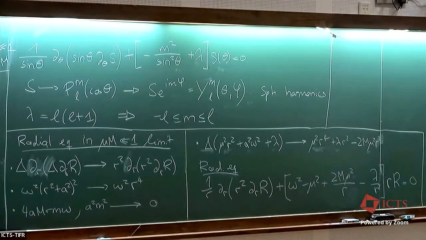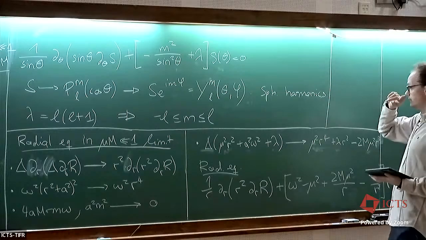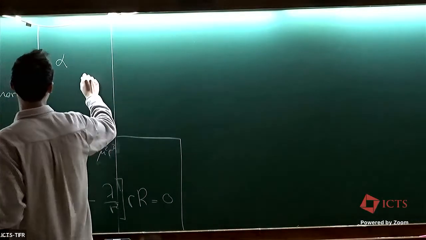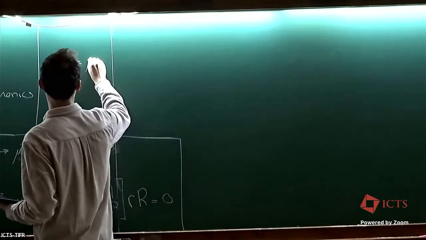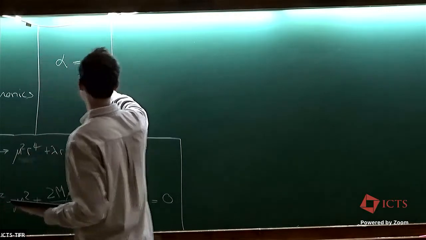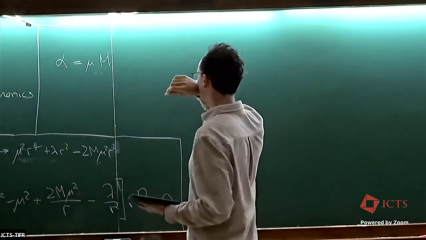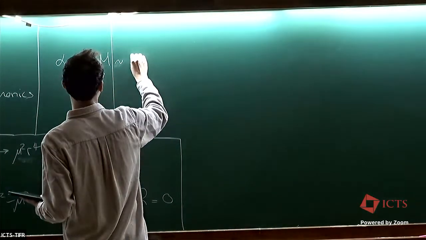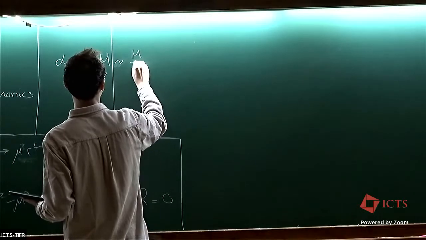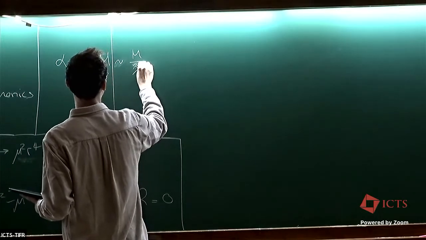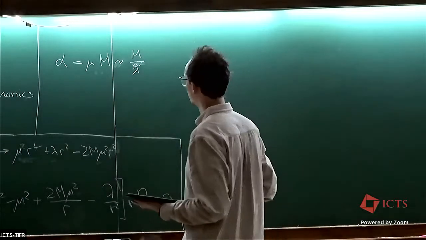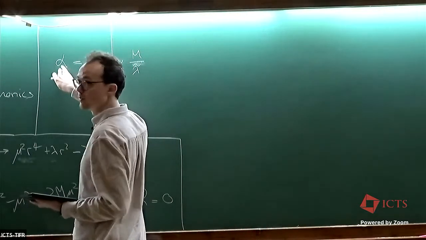Okay. So the definition that people tend to use, and that I'm also going to use for the remainder of these lectures, is that this combination mu times M, or equivalently the ratio of the size of the black hole to the wavelength of the solution, is defined to be alpha.